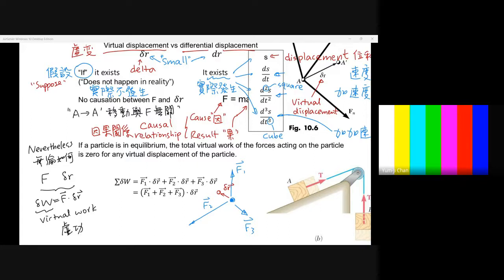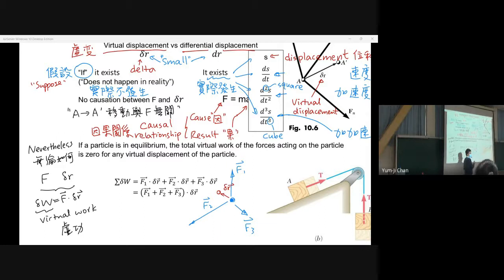We have force times displacement, force times displacement, force times displacement. And we can add these three together because it is a scalar.